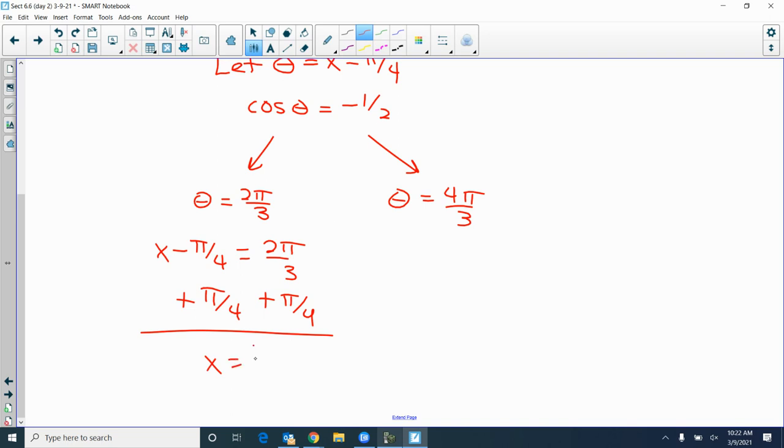So yeah, it looks like 11 pi over 12. And this one is x minus pi over 4 equals 4 pi over 3. And then what do we get when we add pi over 4? Is that the 19? 19 pi over 12.